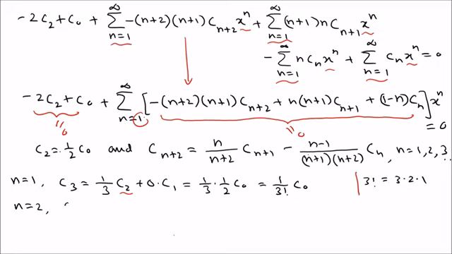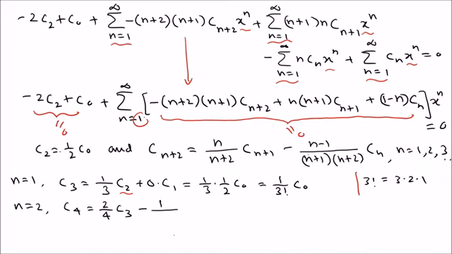So by n equal 2, this becomes C4. So let's plug n equal 2 in the equation. It's 2 over 4 C3, and then minus, if n equal 2, that means 1 over, what do you get here?